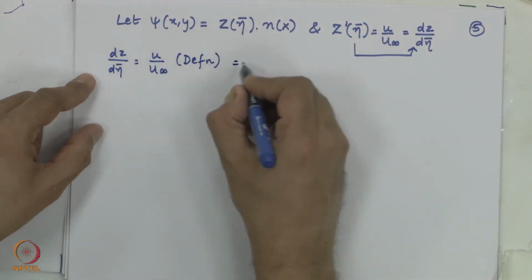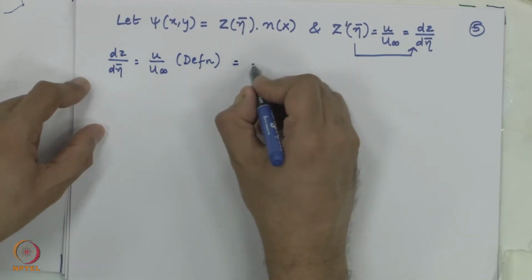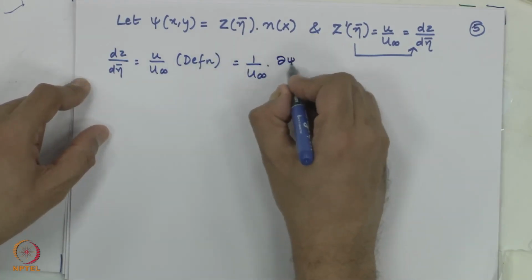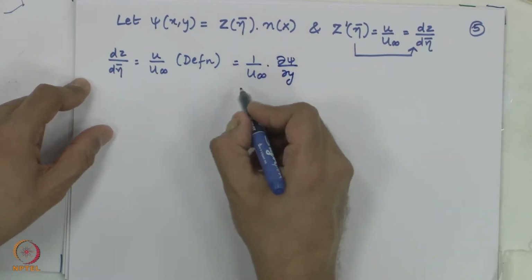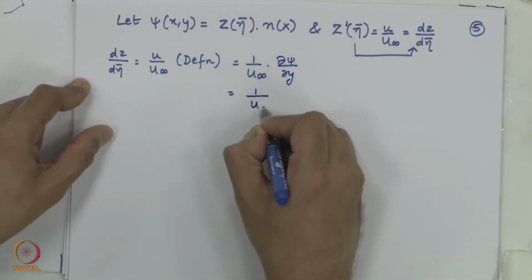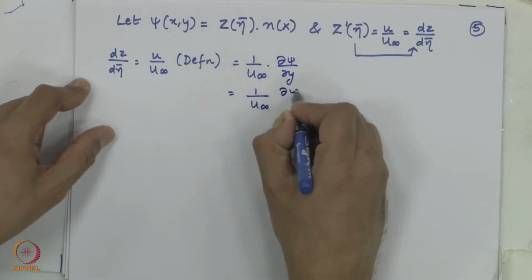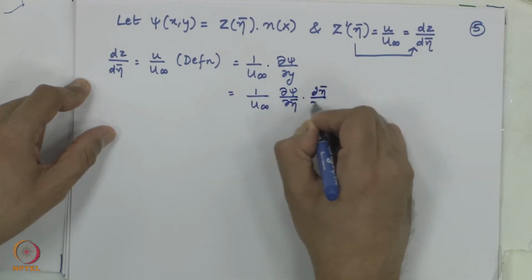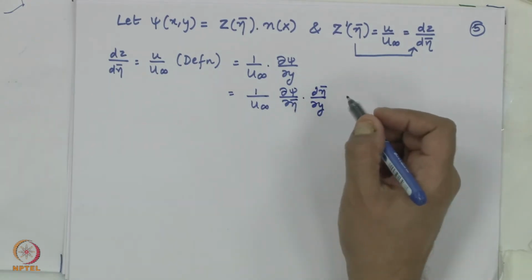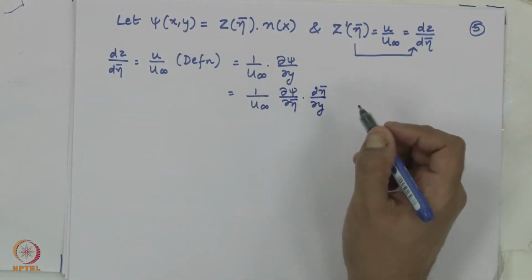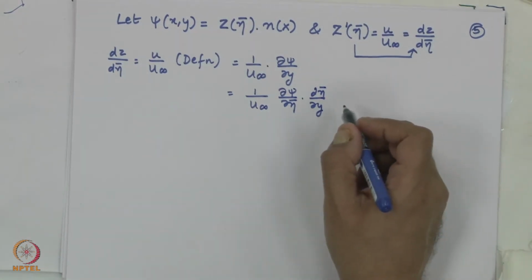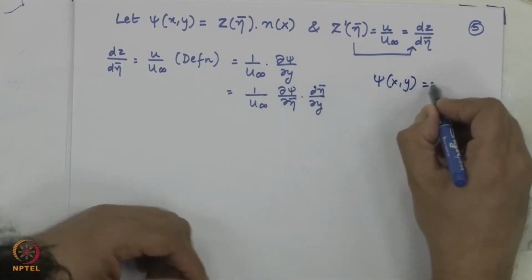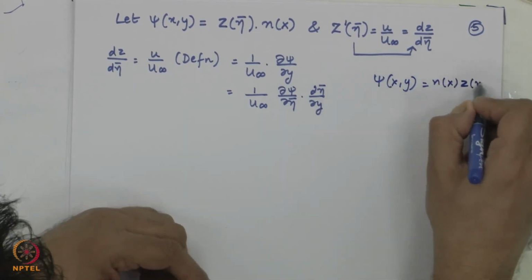This is equal to, I substitute for u. So, 1 by u infinity into u is nothing but d psi by dy, stream function-wise, which is nothing but 1 by u infinity d psi by d eta bar into d eta bar by dy. Now, stream function we said was n of x times z of eta bar.